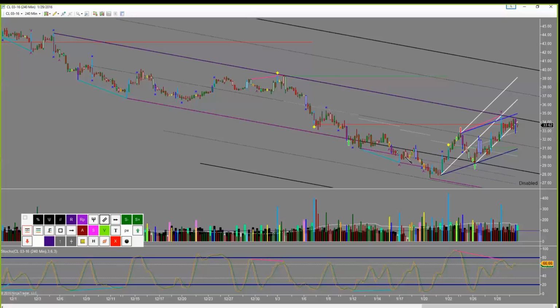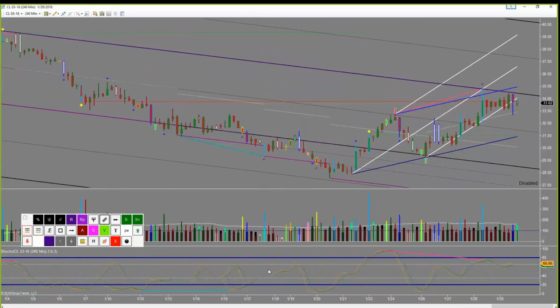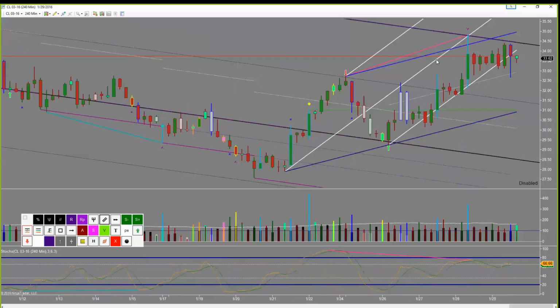Okay, so we know that that line is an important line, and we know that this downtrend line is obviously the very correct one, because the midline is being respected and the channel line is being respected. So when it comes up and it tags that downtrend line right where the median line intersects it, we know that that's going to be a strong area.